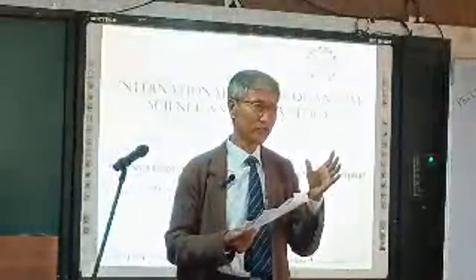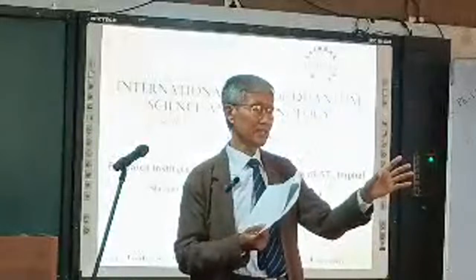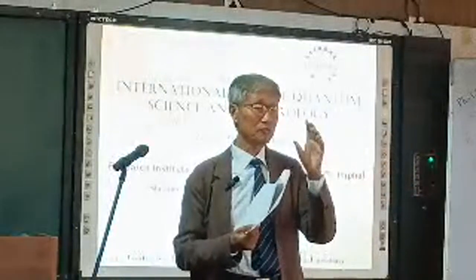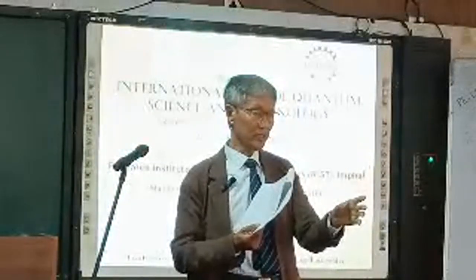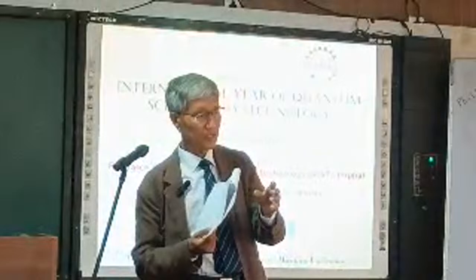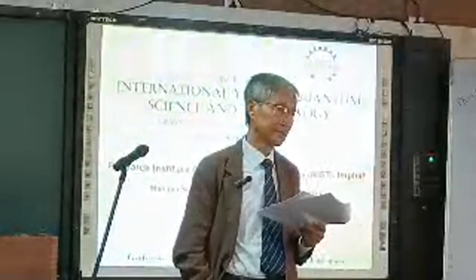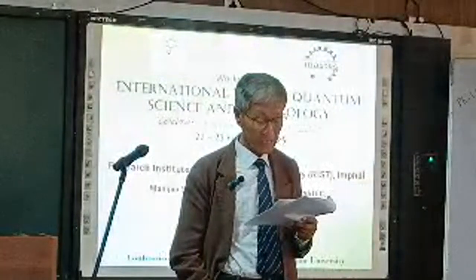My point is, we are dealing with reality and we don't know what reality is. So instead of defining reality, what Einstein, Podolsky, and Rosen did was to give a criterion, sufficient and necessary, for a physical quantity to be an element of reality.